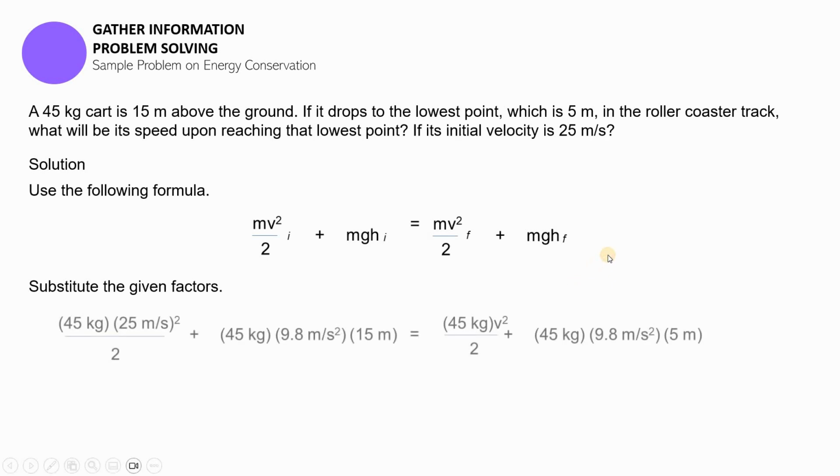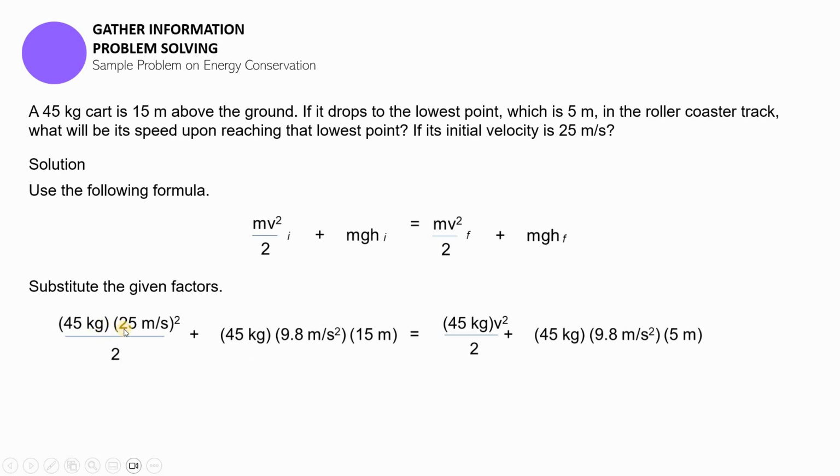Okay, if you're through, it's supposed to look like this. In here, 45 kilograms is going to be multiplied by the square of 25 meters per second, and that's going to be divided by 2. And then, in here naman, we're going to be multiplying 45 kilograms by 9.8 meters per second squared multiplied by 15 meters. So we're going to be getting kilogram meters squared per second squared over here.